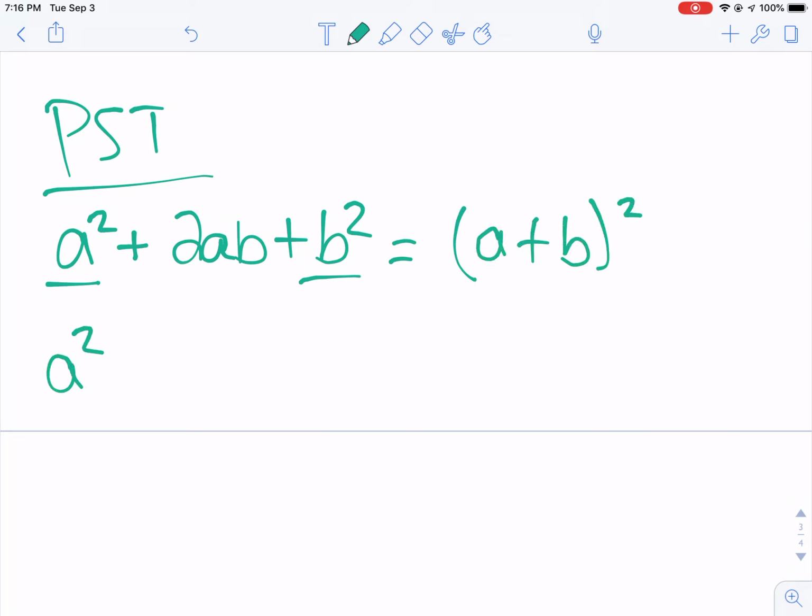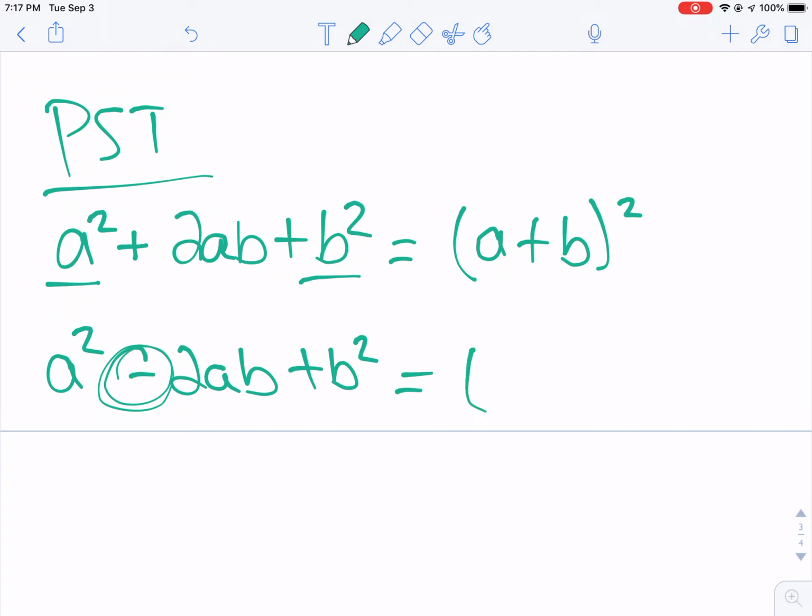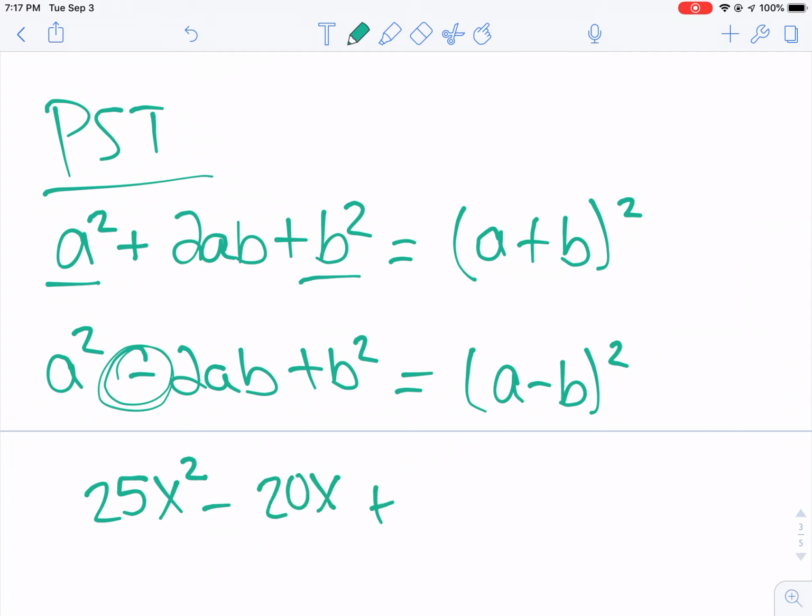If it's a squared minus 2ab plus b squared, so if this is negative, then this is a minus b squared. An example of when you would want to use this is 25x squared minus 20x plus 4.